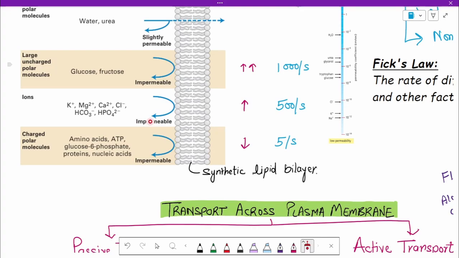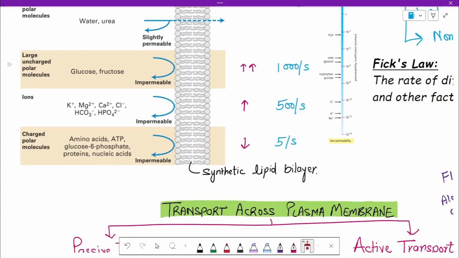And when we combine these two factors, large molecules and charge, we get charged polar molecules like amino acids, adenosine triphosphate, glucose 6 phosphate, various nucleic acids. These are also impermeable because this number goes substantially low, to less than 5 molecules per second. So, we say that these molecules cannot pass plasma membrane on their own.